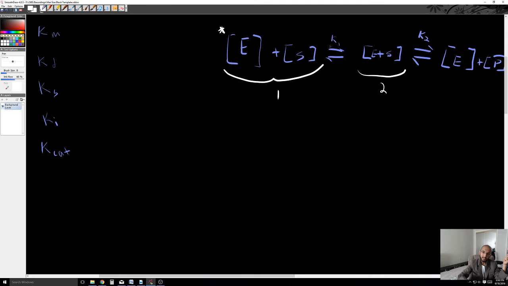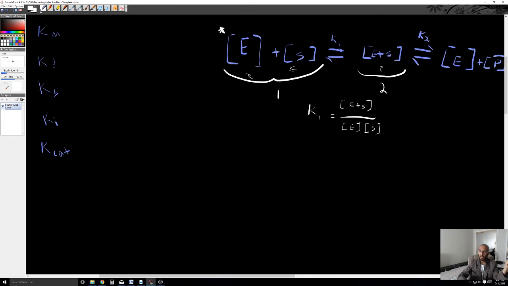So let's start with K1. K1 in this case, in general, refers to the reactants being enzyme and substrate, as we see here, and going to the enzyme substrate complex. So we could write K1 is equal to, so this would be the enzyme substrate complex, and this would be E, right, and S. So that would be one way of writing K1.